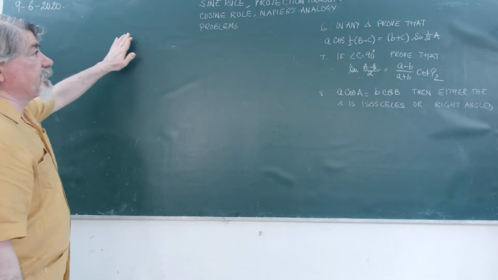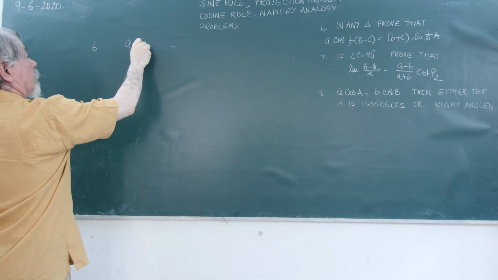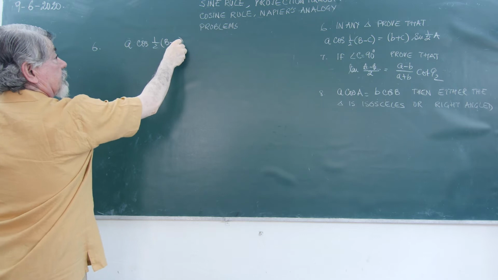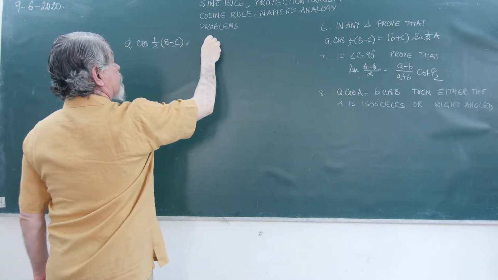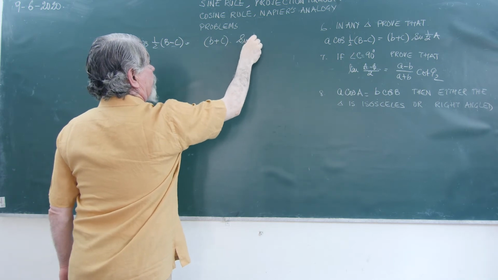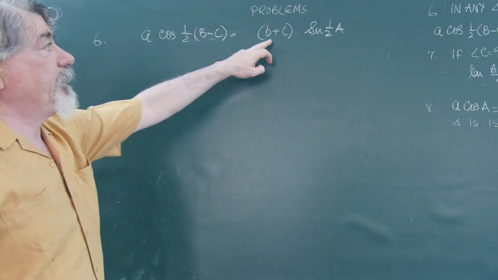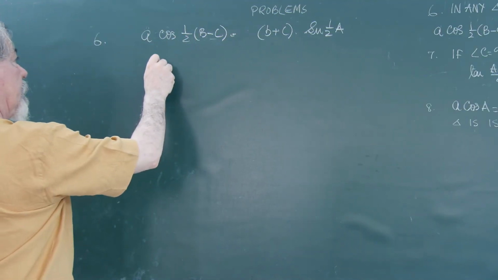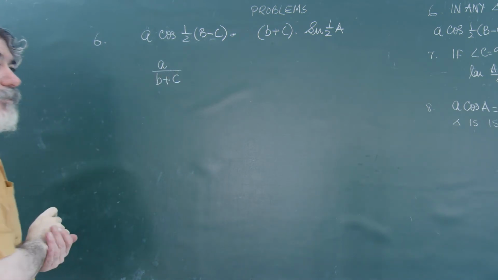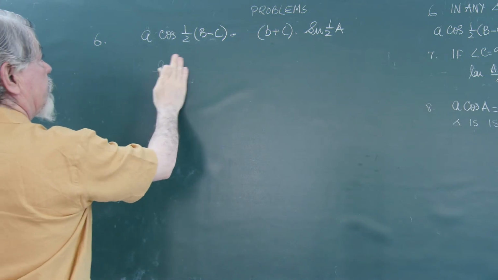I have question number 6 now, which is a cos half (B minus C) is equal to (b plus c) into sine half A. Again, I am going to start with b plus c upon a.